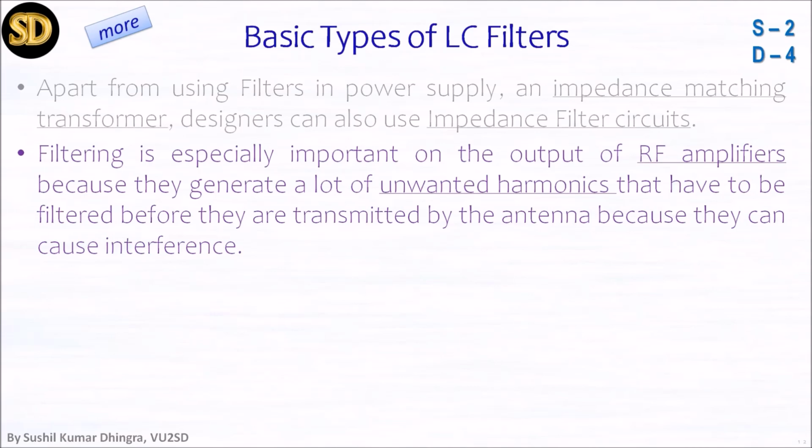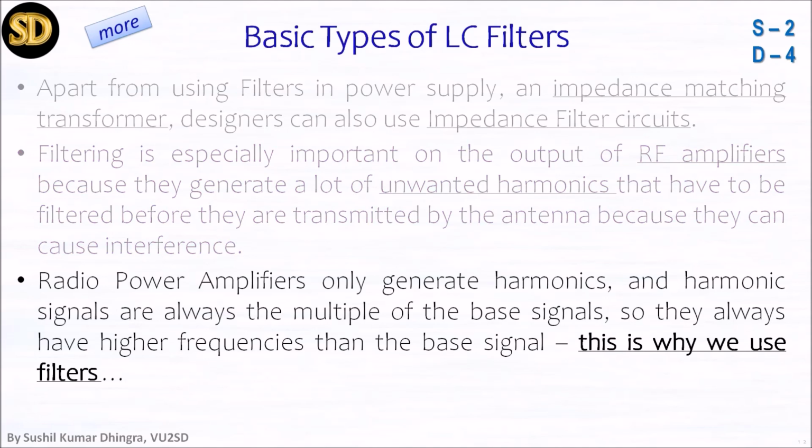You are not supposed to disturb other services. Radio power amplifiers generate harmonics, and harmonic signals are always multiples of the base signal, 2 times, 3 times, 4 times, 5 times, and so on. So they always have higher frequency than the base signal. This is why we use such filters.